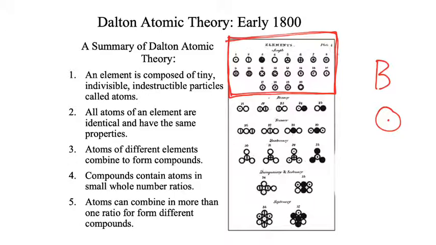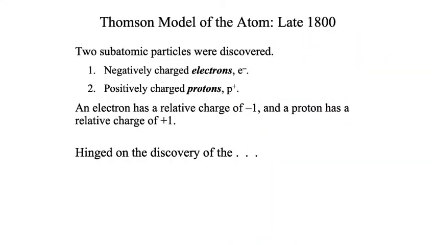Okay? That proof for ultimately both 1 and 2 failing comes out with Thomson. Late 1800s. We're talking 1890s, I think. So roughly 100 years later, Thomson comes out and he discovers the existence of an electron and thereby also postulates the existence of a proton.